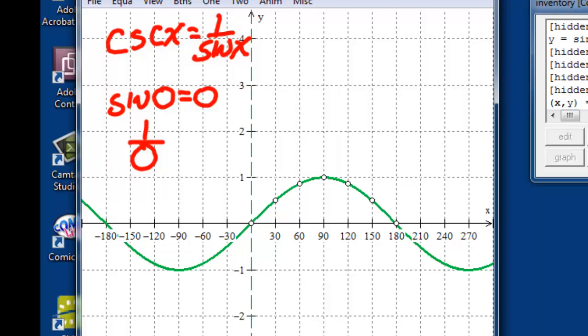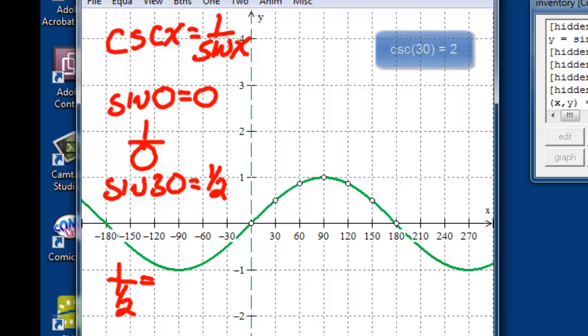If we move across to 30 degrees, we know that the sine of 30 is equal to 1/2, and the reciprocal of 1/2 is 2. So I need a point at 30, 2.